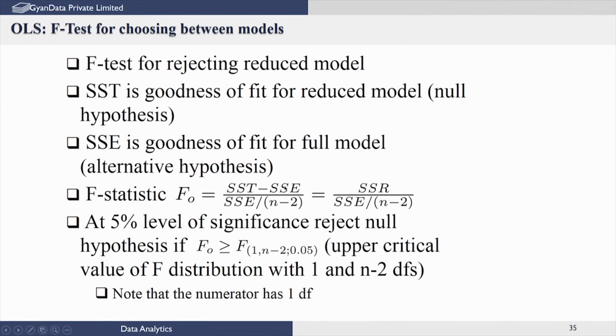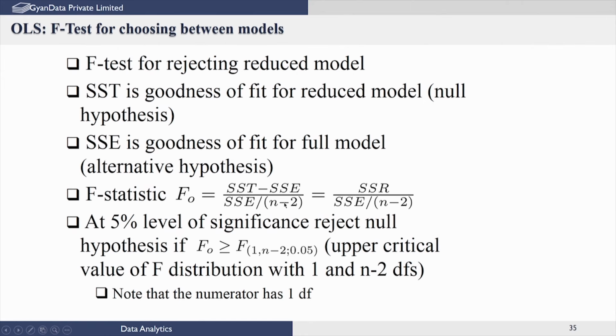This difference, if it is large enough, then we can say maybe it is worthwhile going with the alternative hypothesis rather than the null hypothesis. So, SSR, which is this difference, should be large enough. So, normalization: what the denominator represents, in some sense, is a percentage; SSE is the error obtained for the alternative hypothesis.